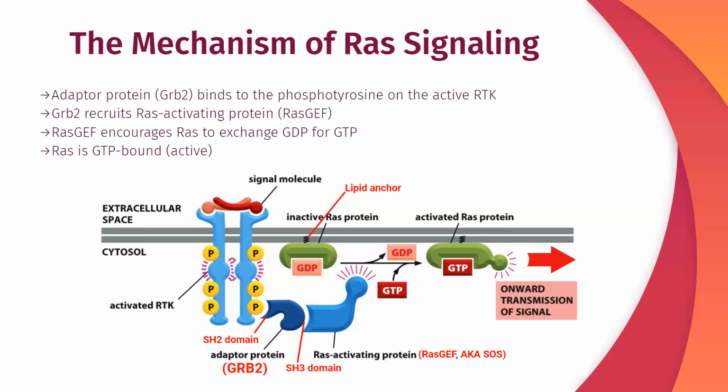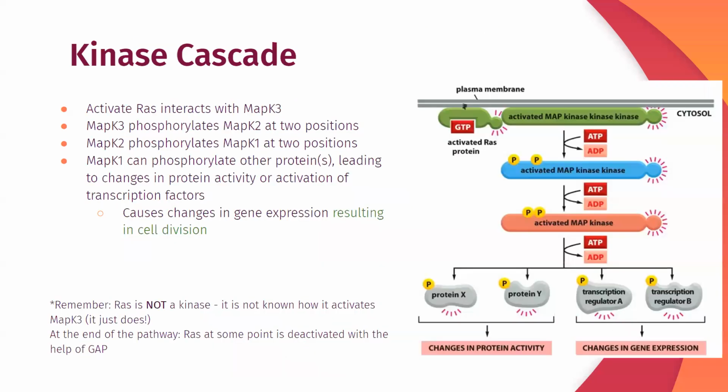It's going to go into the RAS that's anchored to the membrane. Once that RAS becomes active with GTP in its binding domain, signal relay happens. And after that comes the fun part of this signaling pathway.